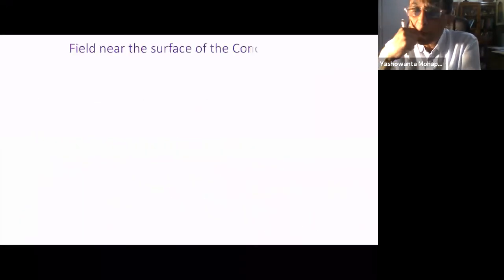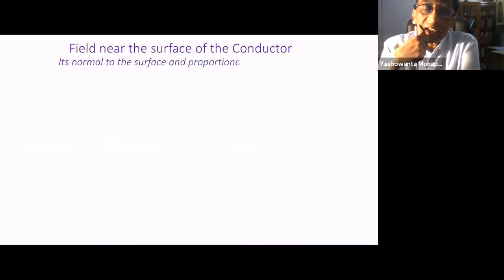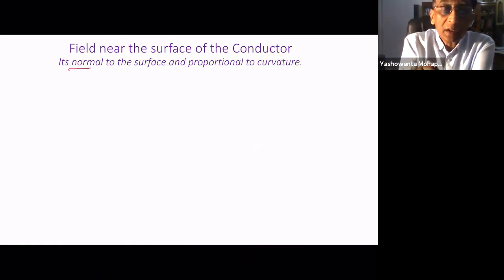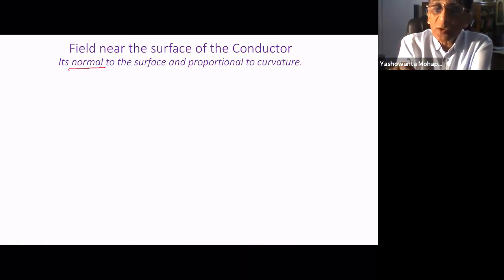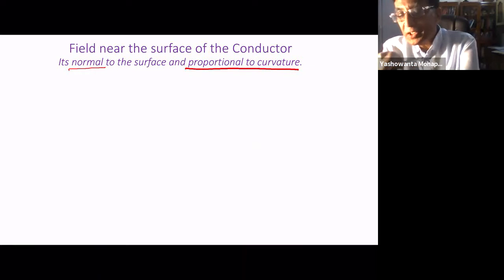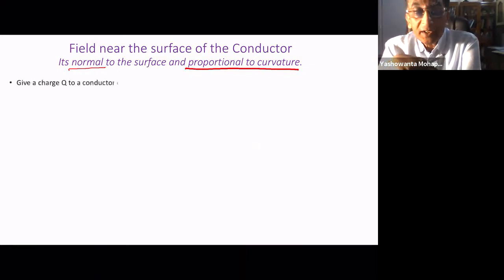Let's see what happens to the fields near the surface of the conductor. Of course, we know that it's normal to the surface. Next, I'm saying it's also proportional to the curvature of the surface. That is, suppose you give a charge q to a conductor of an arbitrary surface.